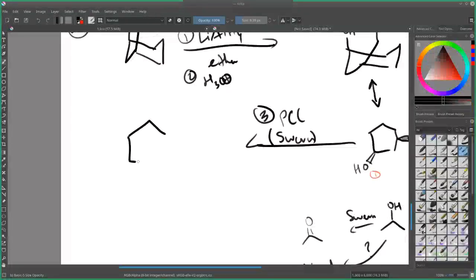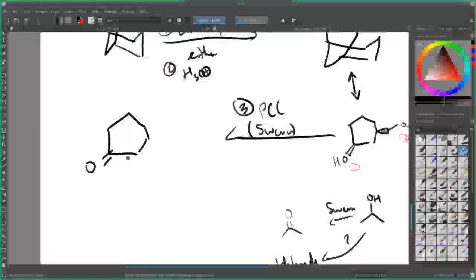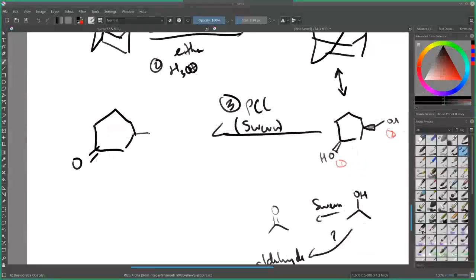So redraw our ring. This one turns into a ketone, and this other one, remember, we have a stereocenter here with a wedge, and this one turns into an aldehyde.